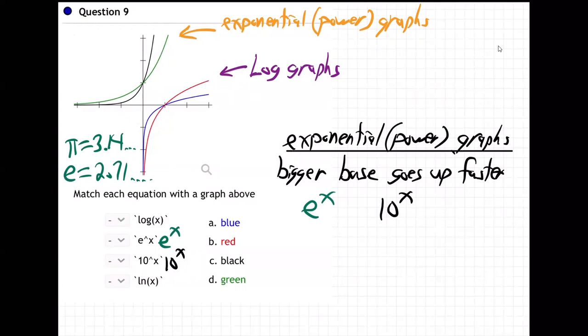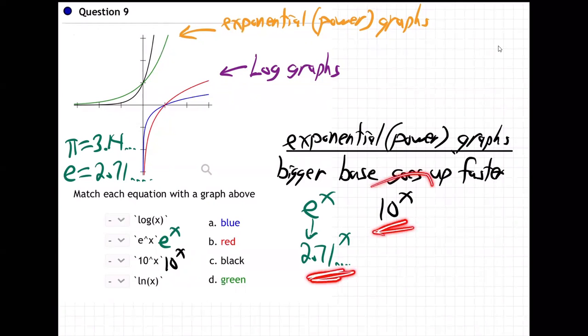Just remember, e is a special number. It's 1 lower than pi. It's 2-something, and pi is 3-something, right? Both special numbers that we use in higher math and science. So what? Okay. Well, that means this e to the x is basically 2.71 to the x. How does that compare with 10 to the x?